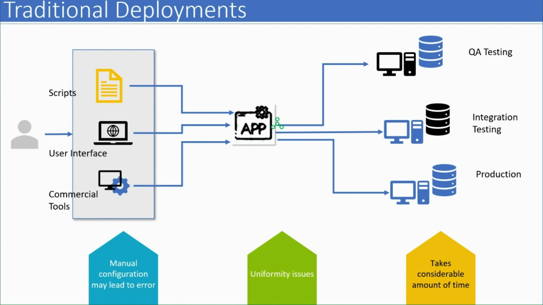This needs to be sorted out in the modern way of deploying the application into either the on-premises or the cloud. So to overcome all the above, the concept called infrastructure as code has evolved. Now let's see what infrastructure as code is.